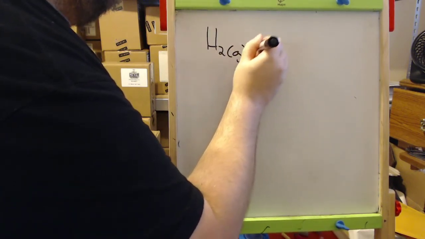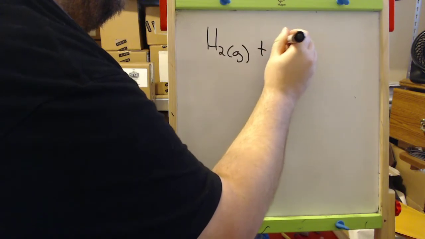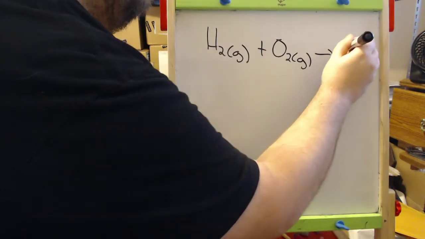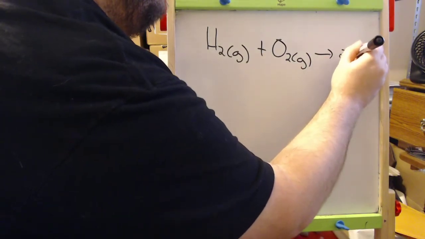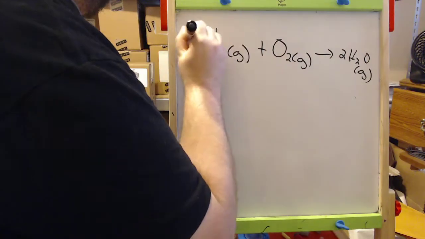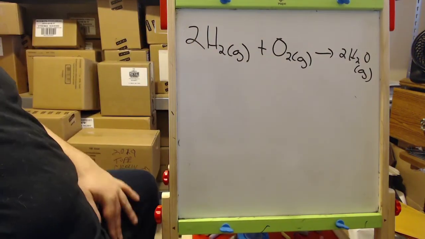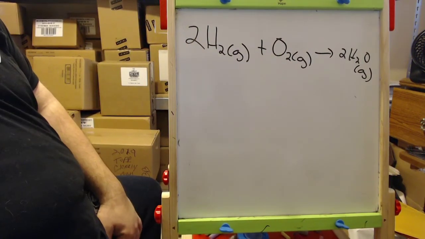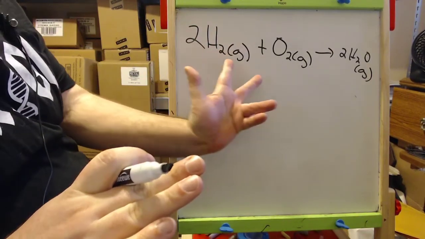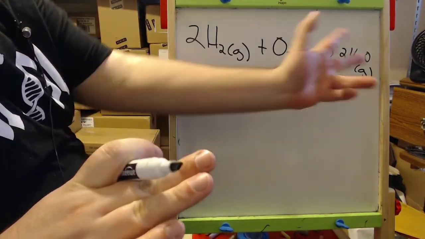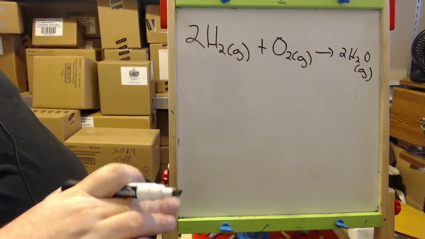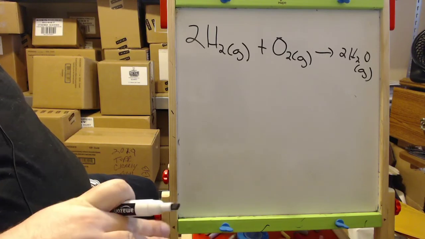H2 gas plus O2 gas gives 2H2O gas. I need a 2 here. And I want to know, is the reaction redox or not? If it's redox, there'll be a change in oxidation numbers from the left-hand side to the right-hand side on the same species of element.